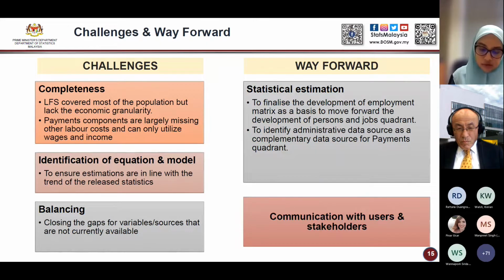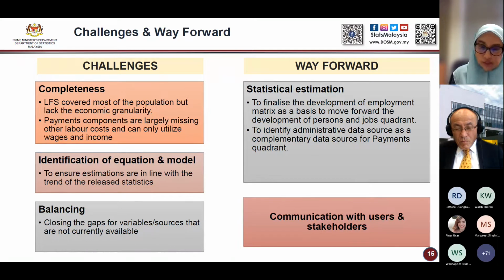So basically, in terms of collection, we have data from surveys and census already, but we want to add in administrative data sources. This project just kicked off on 1st June 2022, and it is scheduled to be completed in 18 months, which is supposed to be next year.